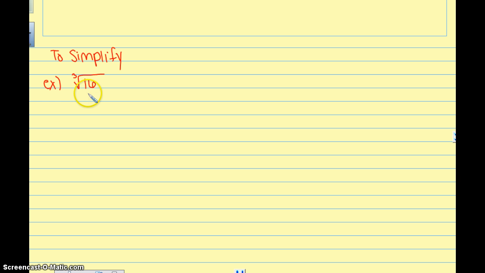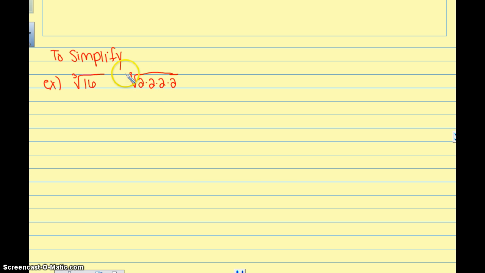There's no 3 numbers that are the same that multiply to 16, but I can still simplify this. One technique is to break it down into the prime numbers. So 16 breaks down to 4 times 4, and each 4 breaks down to 2 times 2. So I can rewrite this as 2 times 2 times 2 times 2.